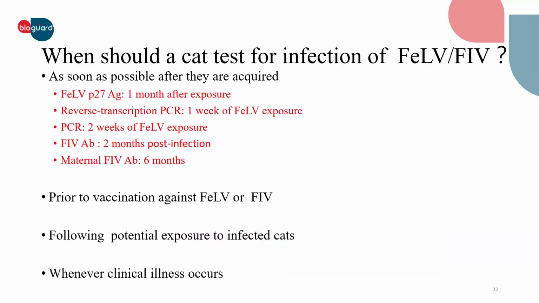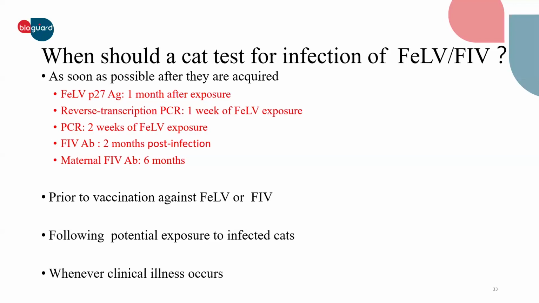So since we introduced those diagnoses of FeLV and FIV, when should a cat be tested for infection of FeLV or FIV? It's usually suggested as soon as possible after the cat is acquired by the owner. And some things need attention.